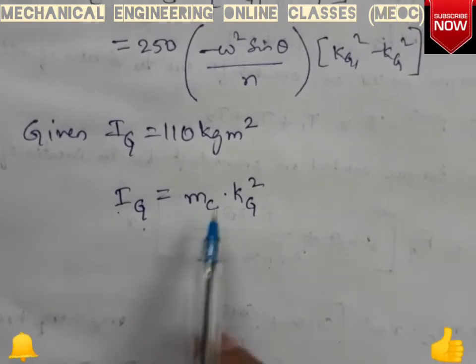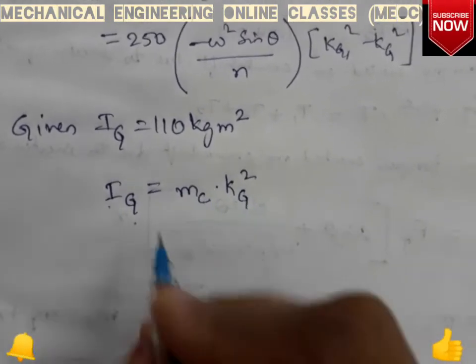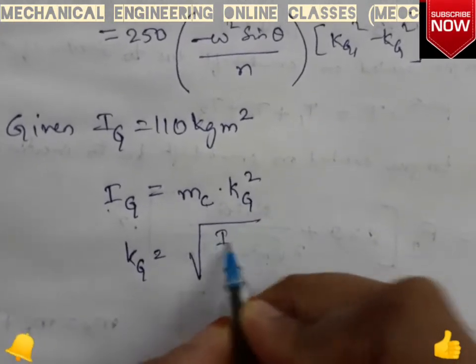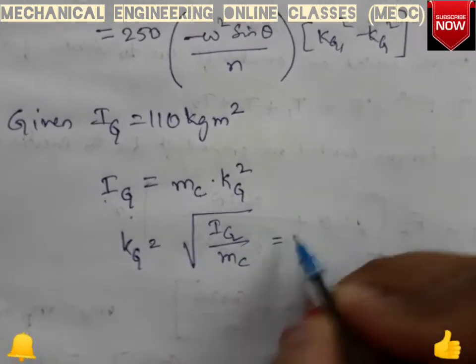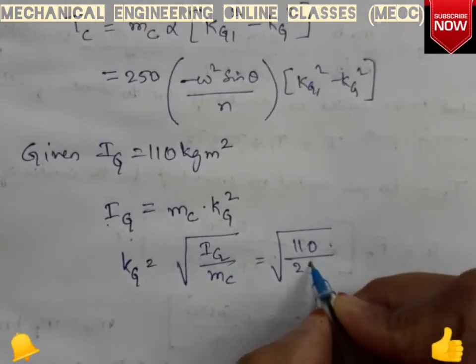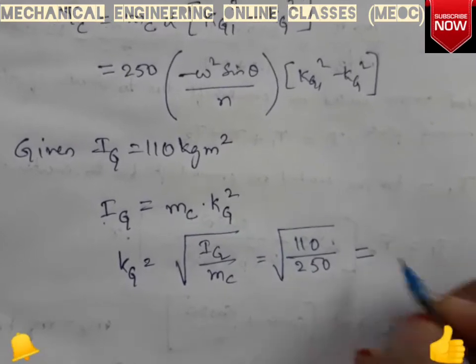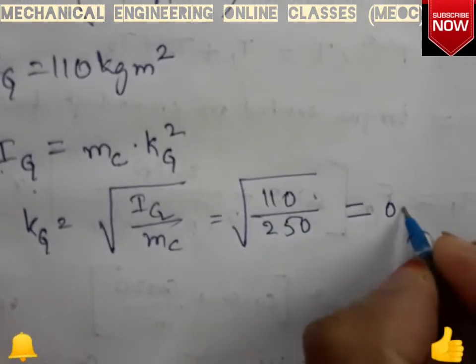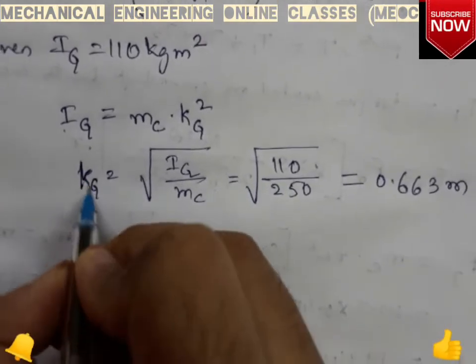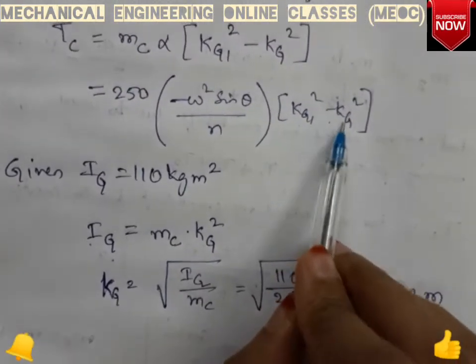So this is known to us, so we can find kg. kg is equal to root over Ig by mc, which is root over 110 by 250. This will be equal to 0.663 meter. So this is kg.